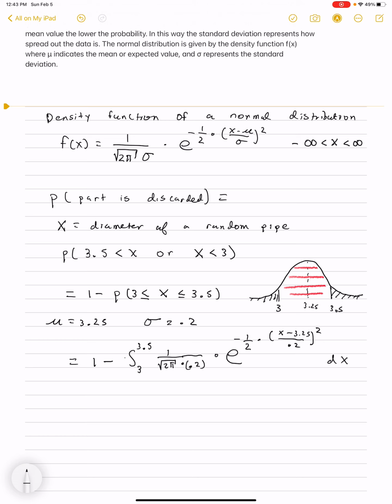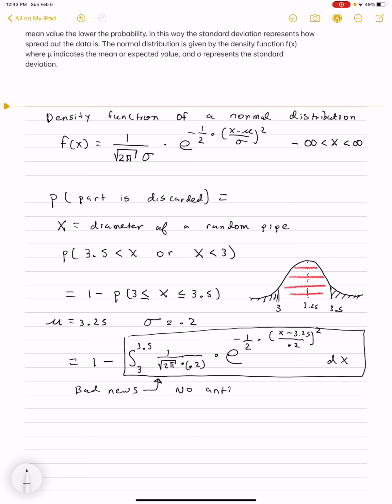And you might say, okay, I need to integrate this. I got some really, really bad news. This has no antiderivative in a closed form solution. So the bad news here is that there's no antiderivative.